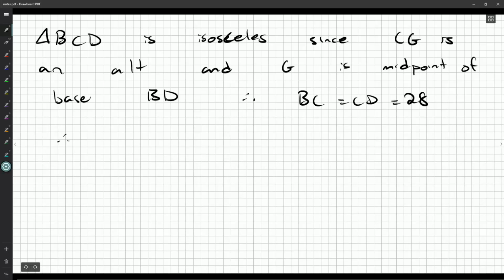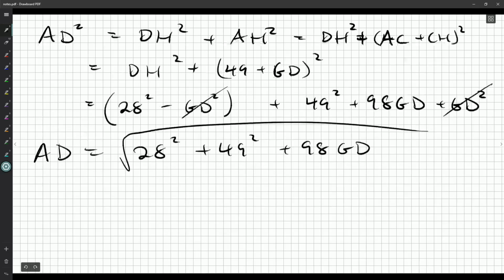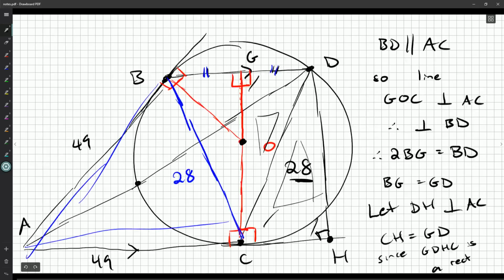And notice also that triangle ABC is isosceles, which is something we could have noted earlier. As soon as I saw the 49, 49, I just didn't think to add BC in earlier. That's okay. Still not entirely sure that we've got something good yet, but more observations can't hurt.